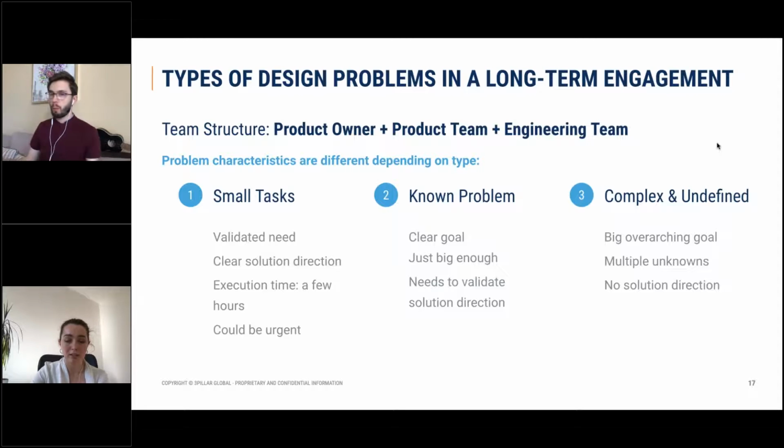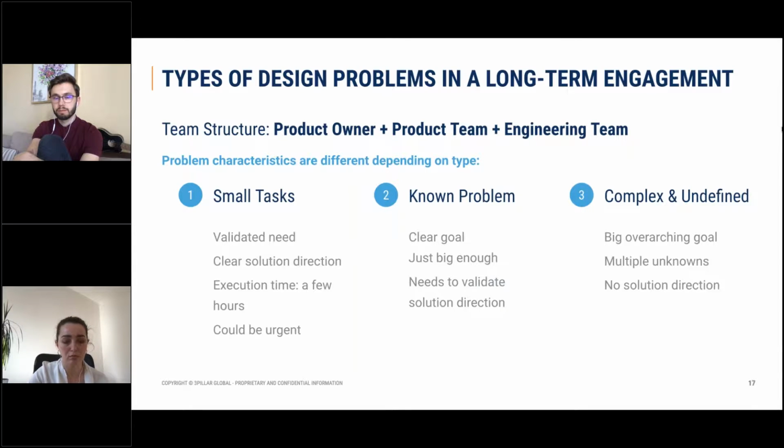On a long-term engagement, we work in an agile environment. So there are different types of problems that arise and need to be solved. We can group them in these 3 types: small tasks, known problems, and complex and undefined ones.